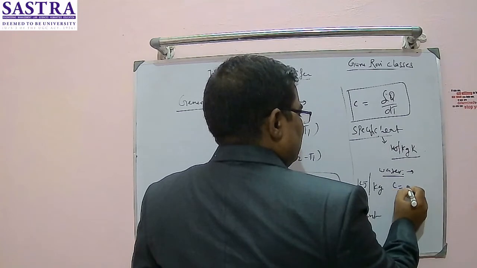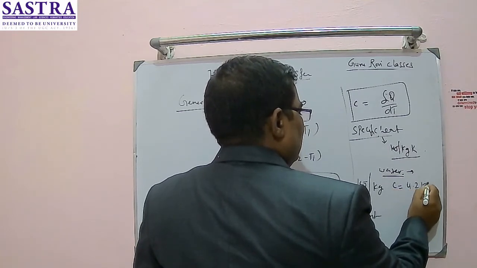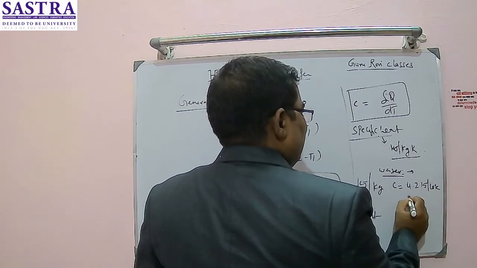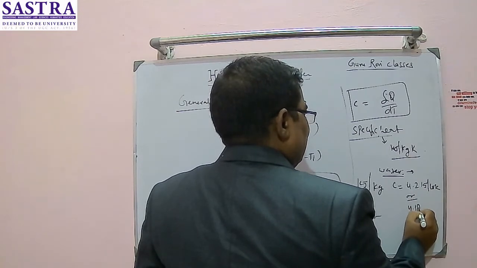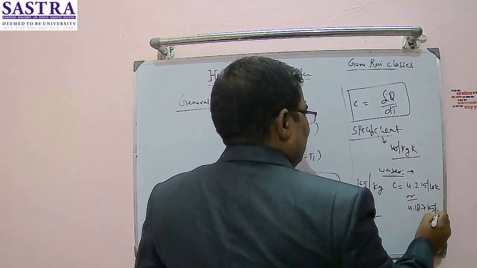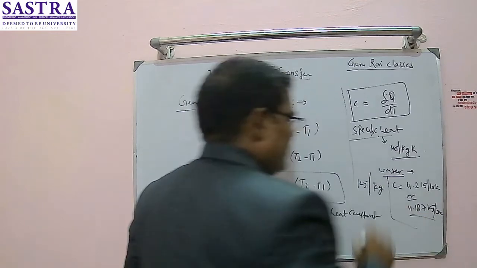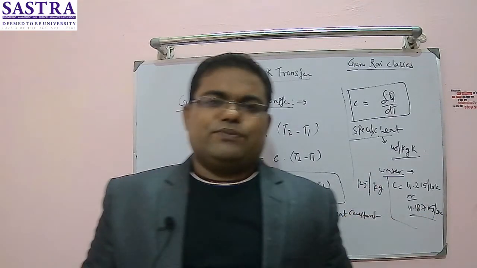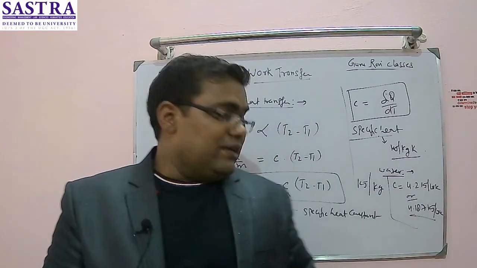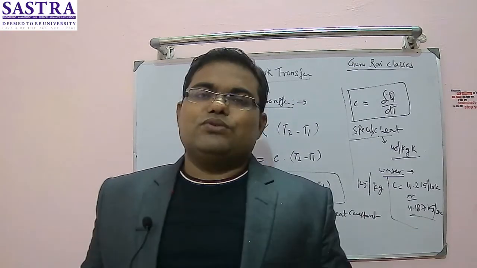For water it is just 4.2 kilojoule per kilogram Kelvin, or sometimes given as 4.187 kilojoule per kilogram Kelvin. This you have to remember for water.